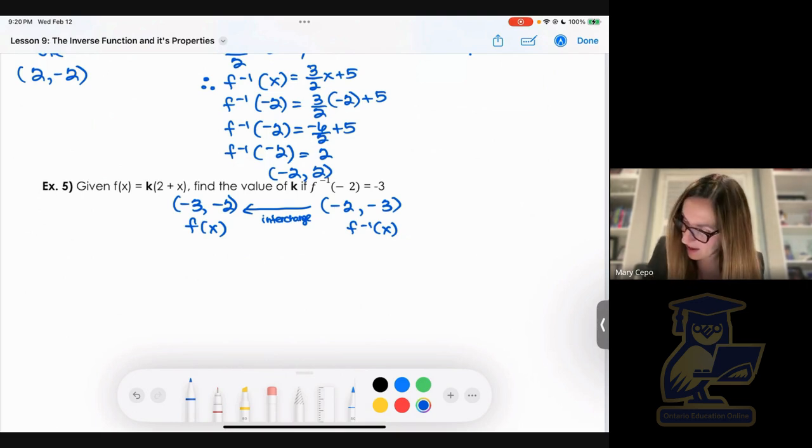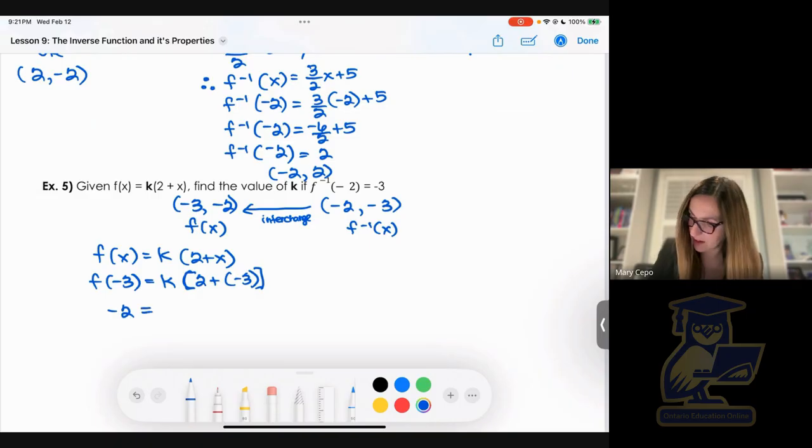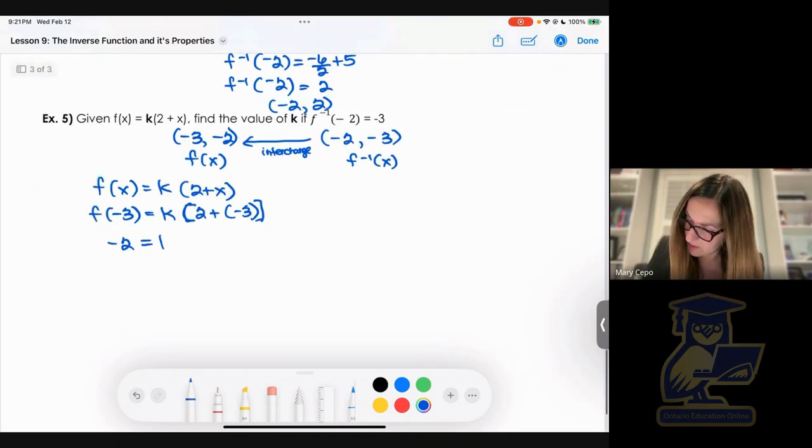So we can say f of x is equal to k times 2 plus x. Then we know when x is -3, y is -2. So I'm going to substitute where I see x -3, and therefore I know that's going to equal -2. So that'll help us solve for k.